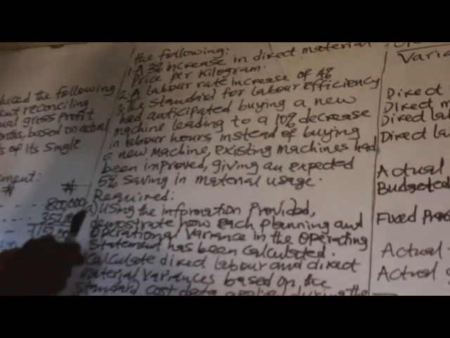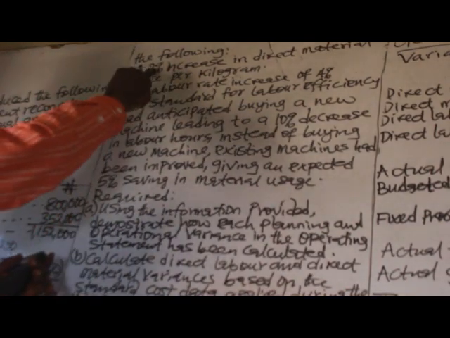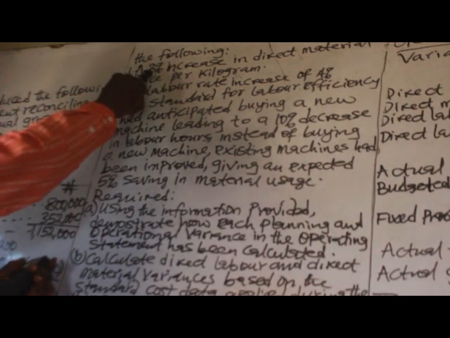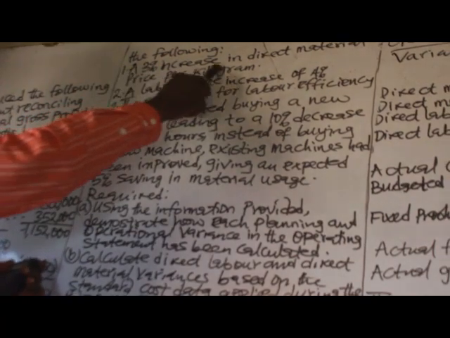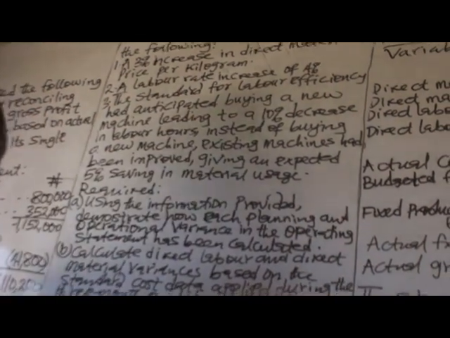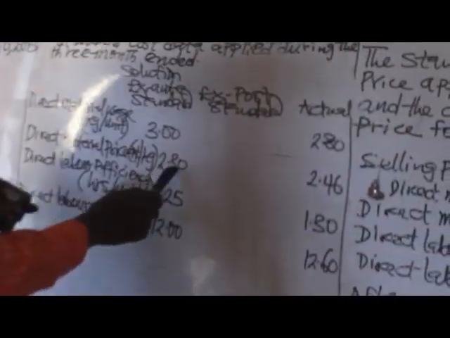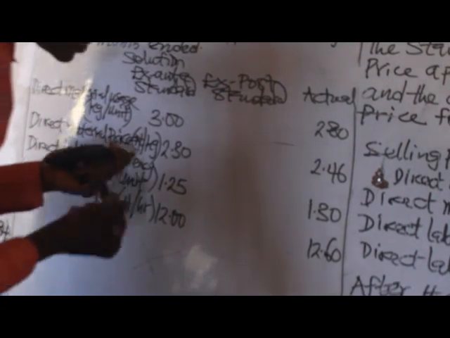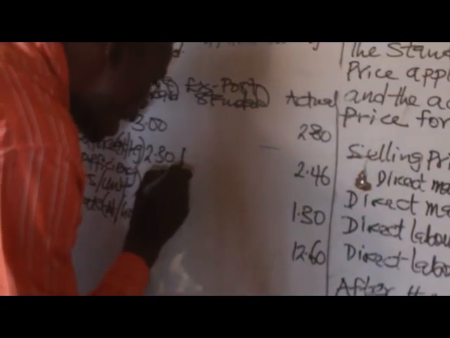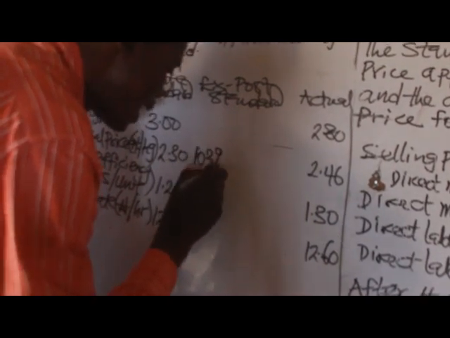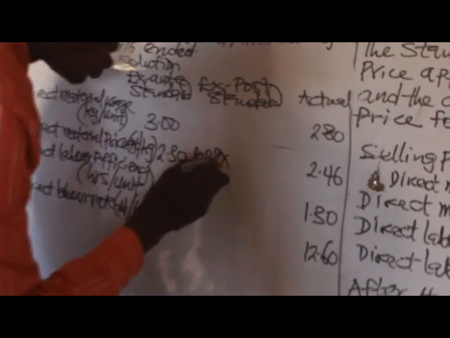When we say percentage increase, the original amount is 100%. So if it increased by 3%, you add 3% to 100%, then you have 103%. Where is the direct material price? The standard was 2.3. If it increased by 3%, you have 103% of 2.30.